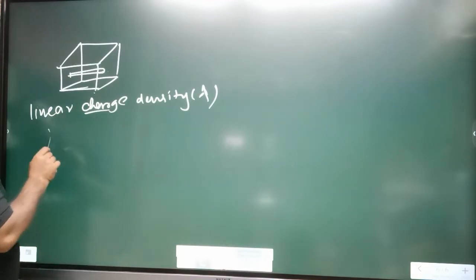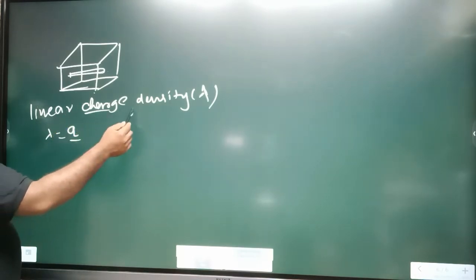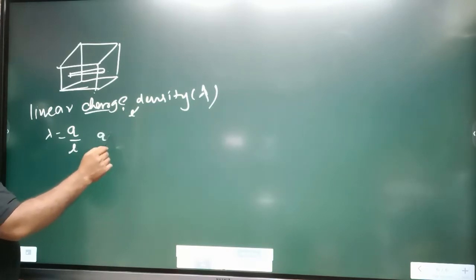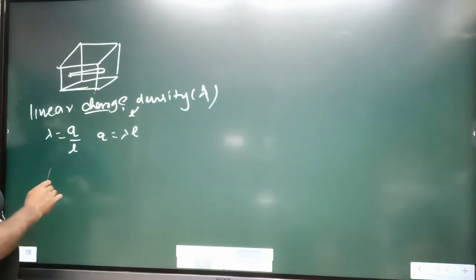Lambda is equal to how much? Lambda is equal to charge upon length. The length of the rod is L. Then lambda is Q upon L, which means Q is equal to lambda L.